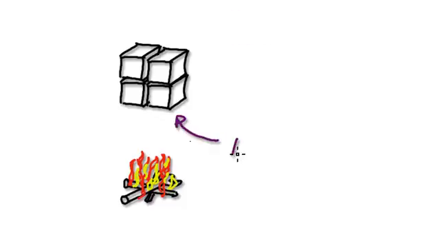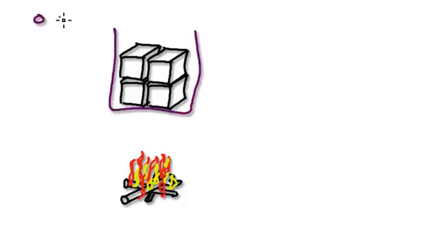If you inject one calorie into this beaker of water, then one of the cubes will be at 1 degree. So let's say at the moment this beaker is at 0 degrees Celsius.